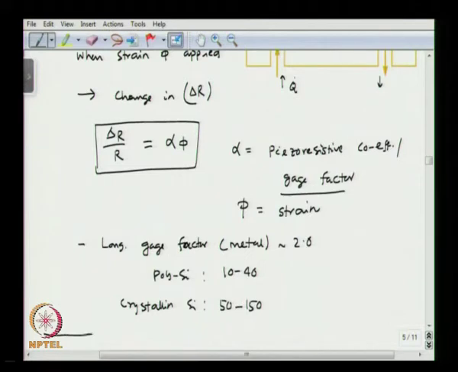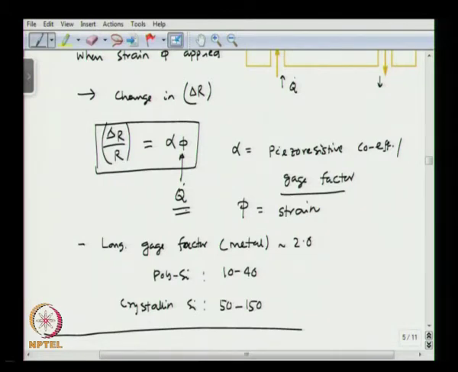So, the change in the resistance over the original resistance will be related to strain, which is related to the flow rate. So, that is how the piezoresistive pressure flow sensors work.